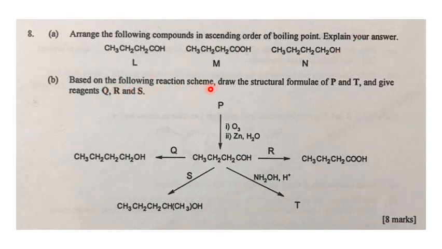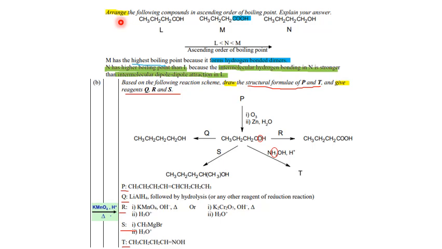Based on the following reaction scheme, draw structures P to T and give the reagents Q, R, S. Let's check the answer. The answer for the arrangement starts from L, the lowest one, butanal, followed by n-butanol, and then butanoic acid has the highest boiling point. So L, N, M, ascending order of boiling point.